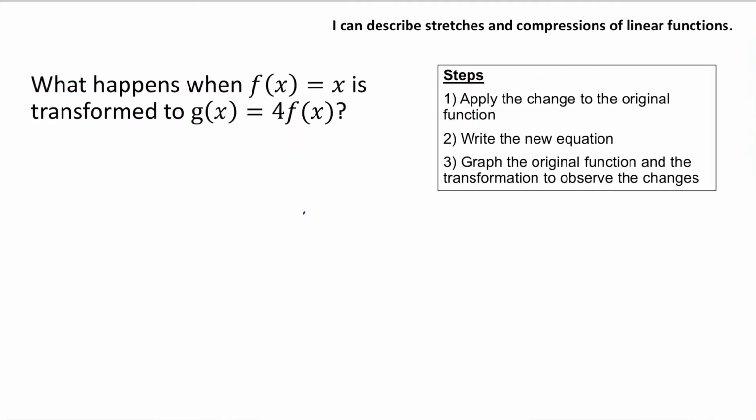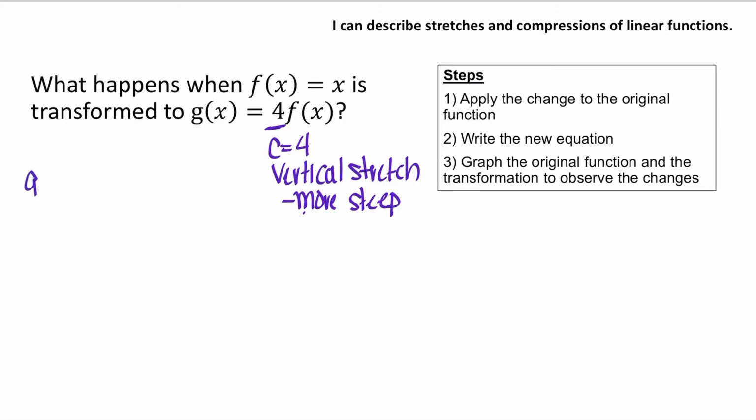What happens when f(x) = x is transformed to g(x) = 4f(x)? In this case, we have this value c, so c = 4, so we have a vertical stretch. A vertical stretch tells us that it will become more steep. Let's look at the equations to see if this is in fact true. If I write the equation g(x) = 4 times f(x), I'm going to plug in the definition of f(x), which is x.